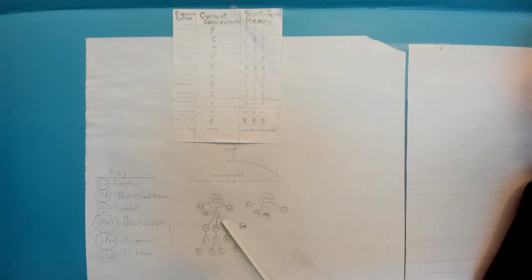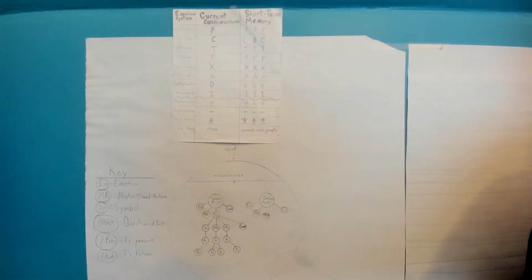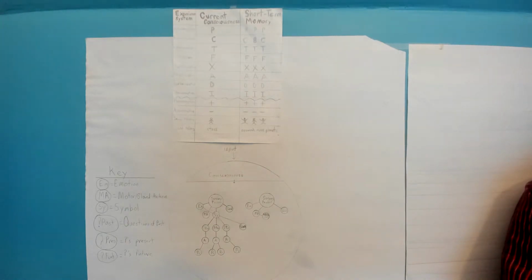We have general labels and specific labels. Symbols, for example: Justin, book, and even non-human language. Bonobos have symbolic language that they use.